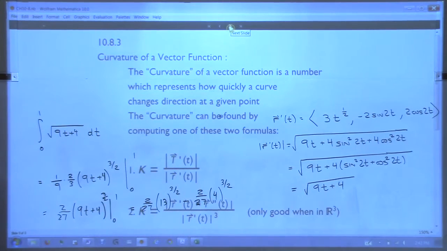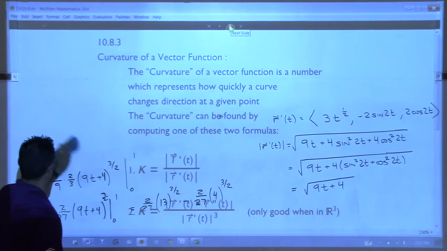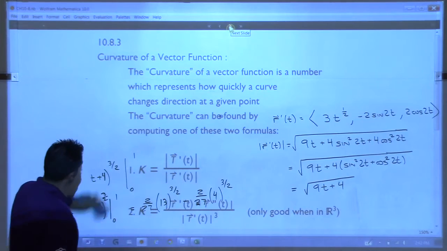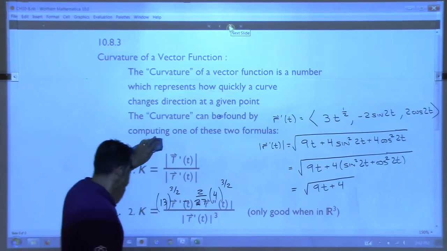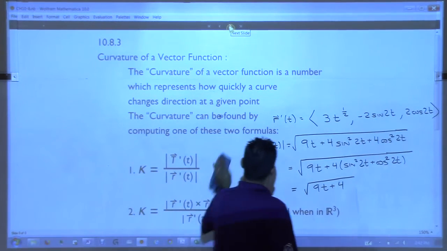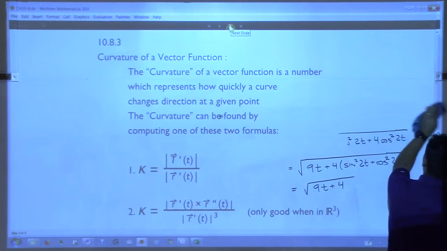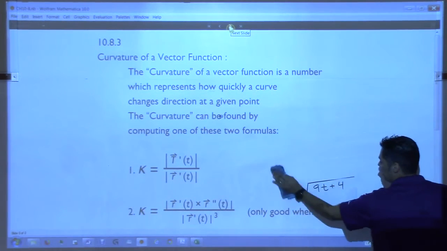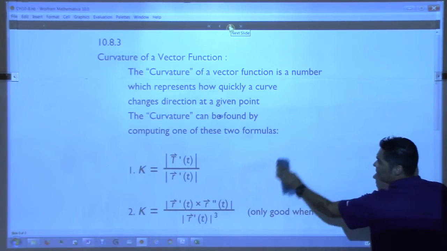All right, moving along. Talk about something called curvature. Curvature is an important concept. It will come up later.